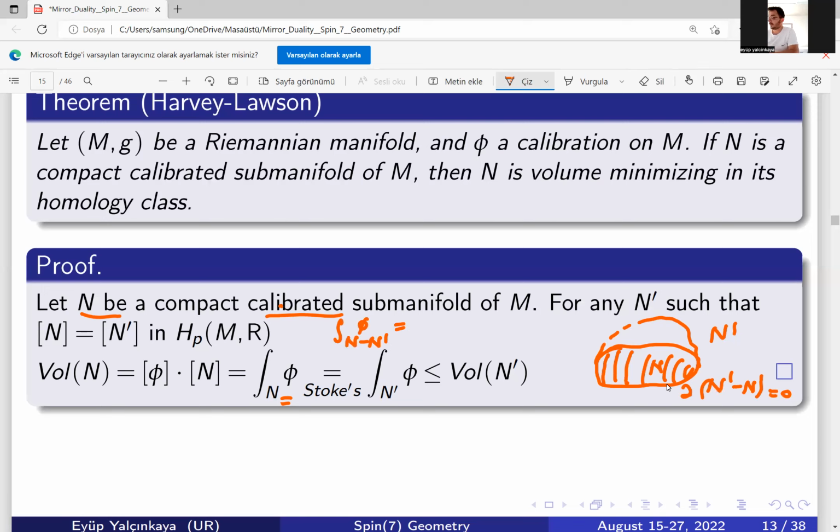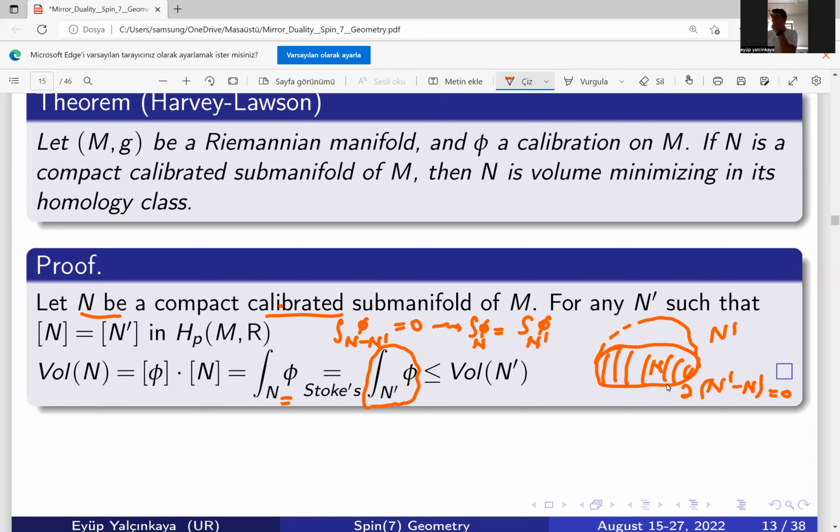Okay, that's why the Stokes theorem works. It's equal to 0 actually, and from here you can write that the integral over N equals the integral over M prime of phi.